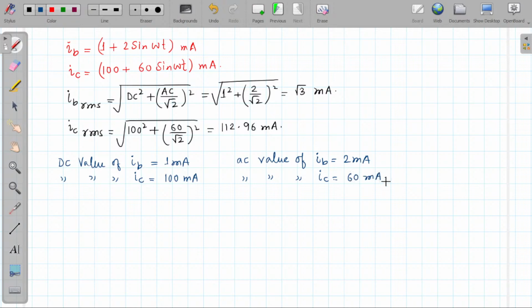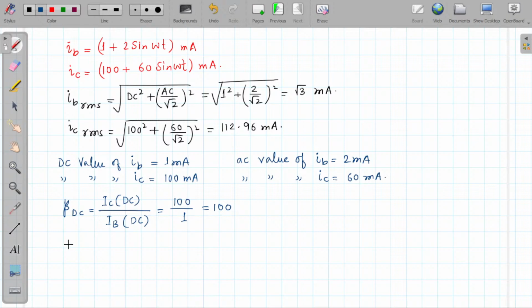Okay, so beta DC will be equal to the DC value of IC divided by the DC value of IB. So here it is 100 divided by 1, so it is 100. So the beta DC value is 100.